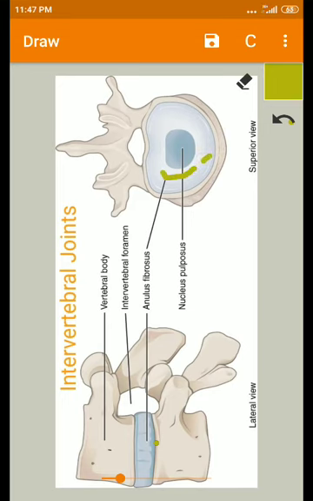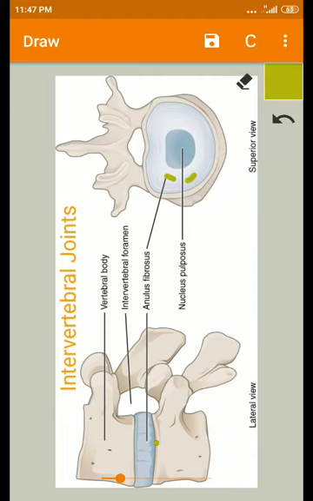If you take the lumbar region, the vertebral body is almost kidney shaped, and the disc takes the shape of that body in that region.